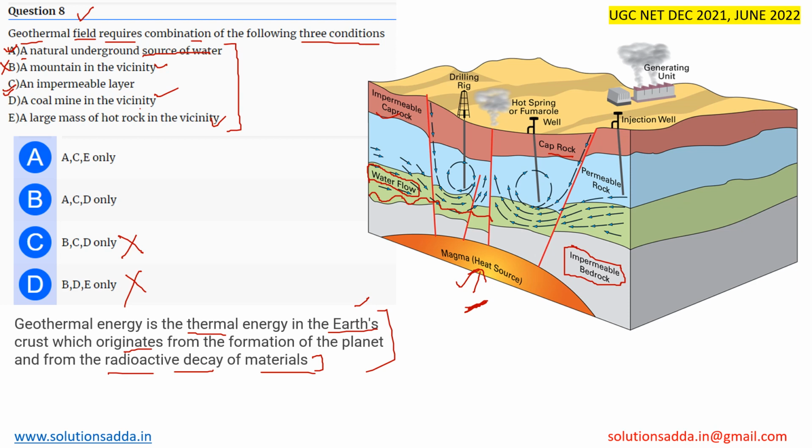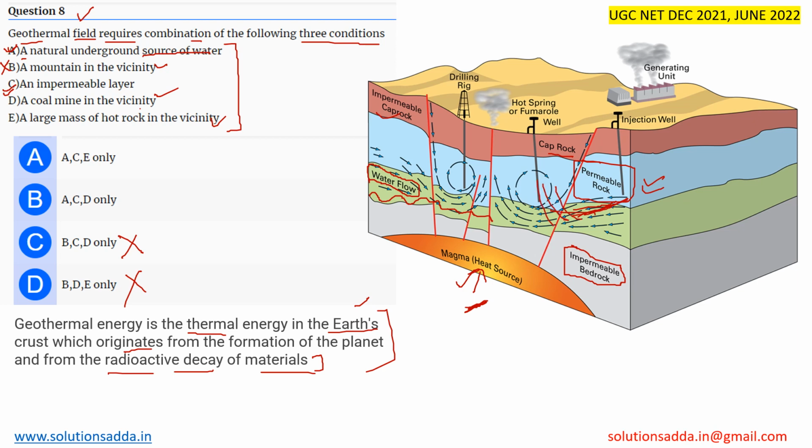When we are digging up in the earth, we get some water, and when we dig more we get this impermeable area. So what is that permeable rock? A permeable rock is a type of rock that has pores or empty spaces that are linked, and fluids like water can flow through it.